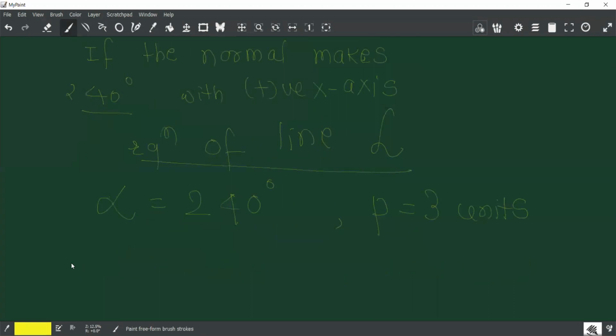Because here the angle made by the normal is given and the length of the normal is given, so you have to make use of the normal form. x cos alpha plus y sin alpha is equal to p. p is 3.